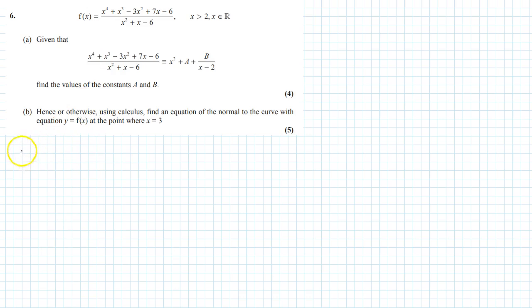So that is x squared plus x minus 6 dividing x to the power 4 plus x to the power 3 minus 3x squared plus 7x minus 6.